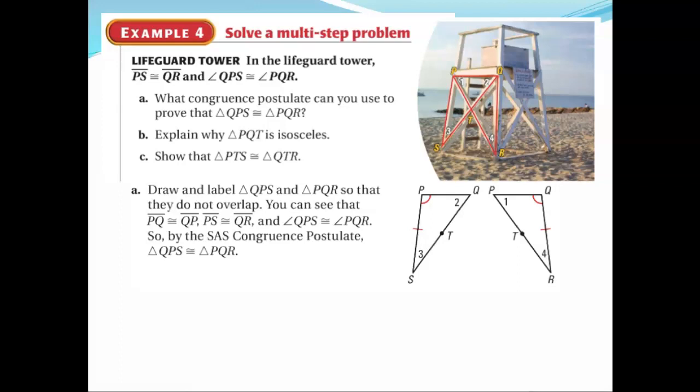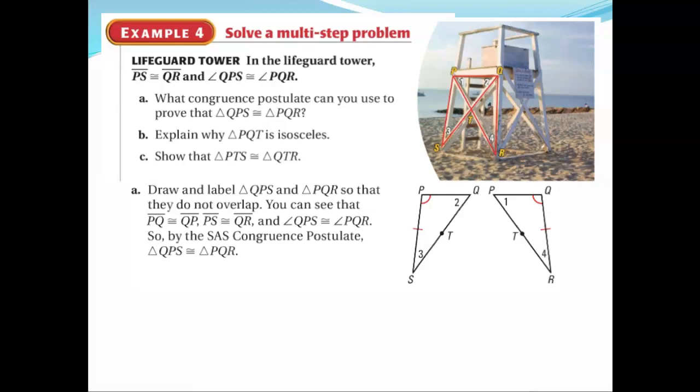So we actually have two sides and an included angle that are congruent to each other. So PQ congruent to QP, PS is congruent to QR, angle QPS congruent to angle PQR. So by side angle side, we can say that triangle QPS is congruent to triangle PQR.